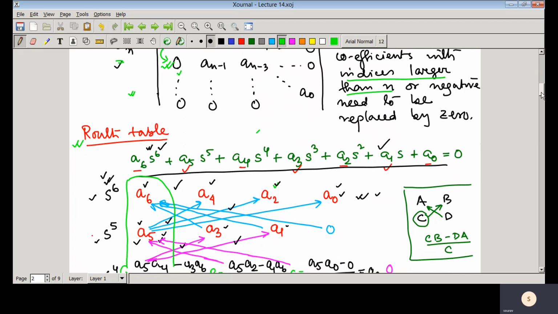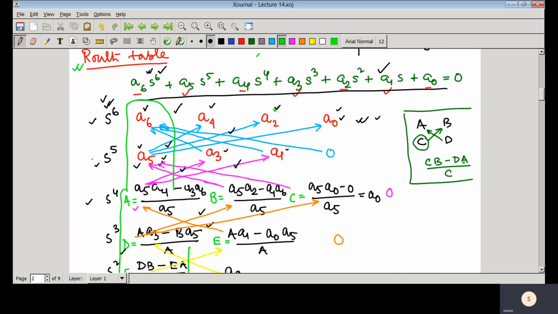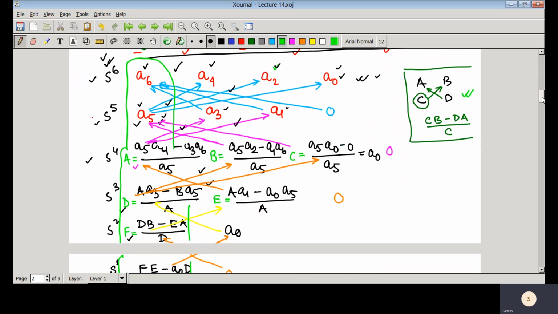If we form a table following the multiplication method we have shown here, and look into the first column of that table, the number of changes of sign indicates the number of roots in the right half of the S-plane. If there is no change of sign, all roots are in the left half of the S-plane.